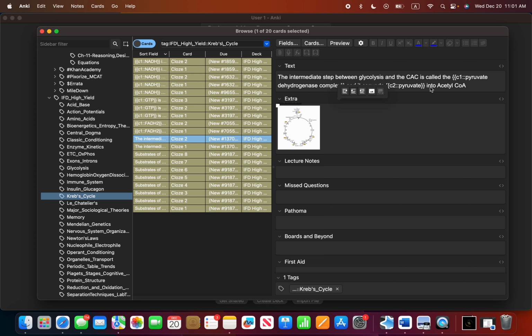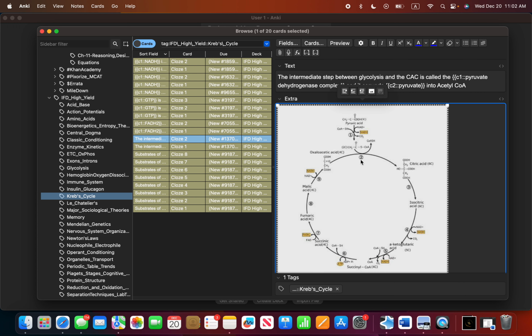The intermediate step between glycolysis and the CAC is called, citric acid cycle stands for CAC. So again, the intermediate step between glycolysis and the CAC is called the pyruvate dehydrogenase complex. I know that. And it converts pyruvate into acetyl-CoA.